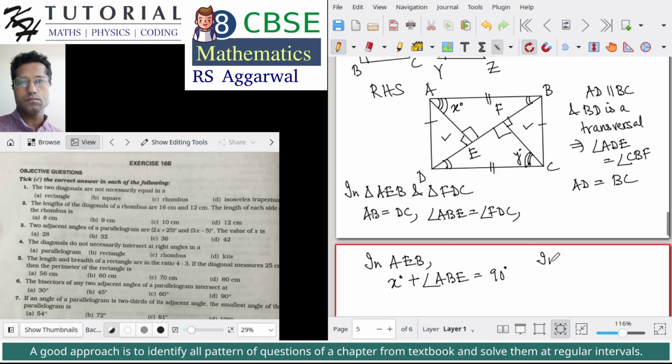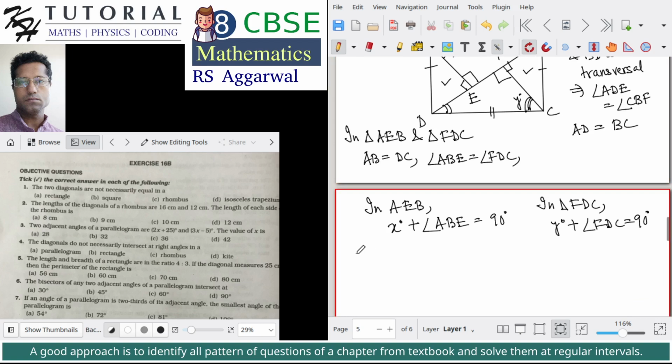And in triangle FDC, similarly we will have y degrees plus angle FDC equal to 90 degrees. So this implies that x degrees plus angle ABE should be equal to y degrees plus angle FDC. But angle ABE is already equal to angle FDC. We already have this.